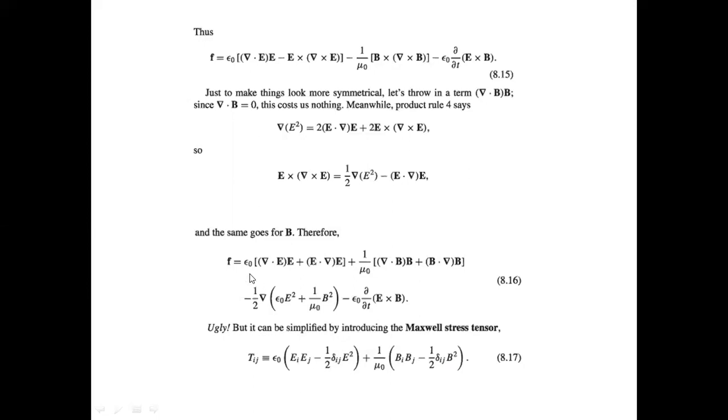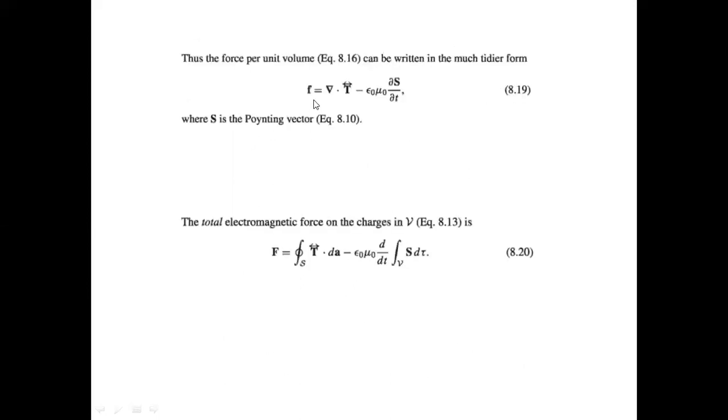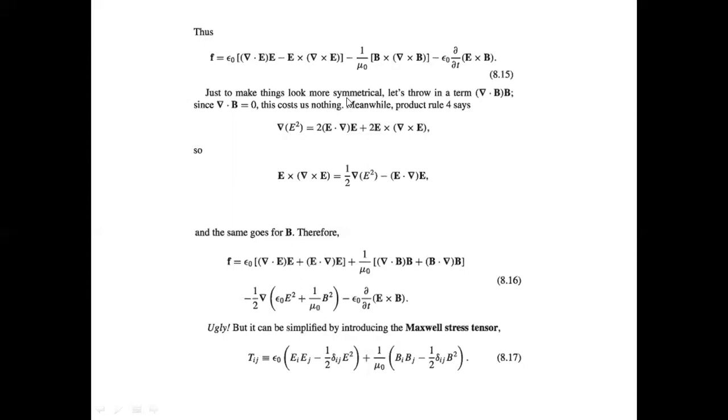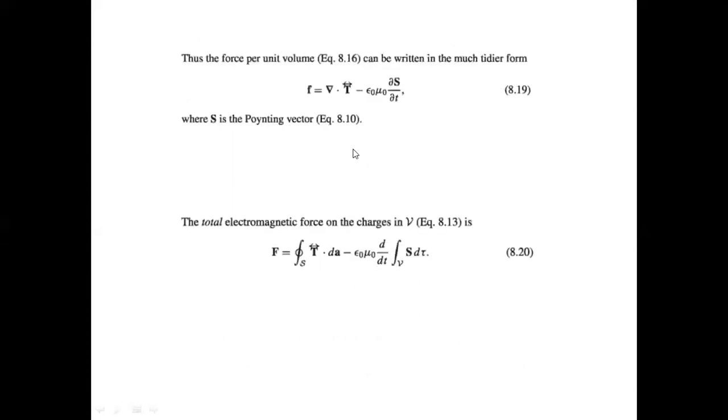So this entire expression for F can be written in terms of this Maxwell stress tensor in this fashion: F is equal to divergence of T, where T is the Maxwell stress tensor, minus epsilon naught mu naught dS by dt, where S is the Poynting vector.